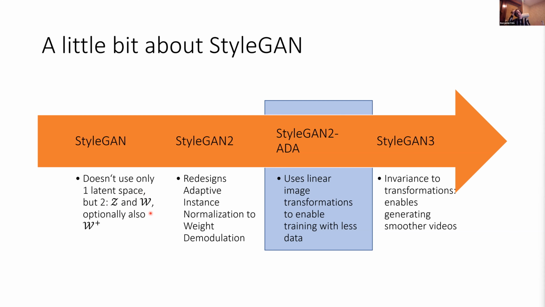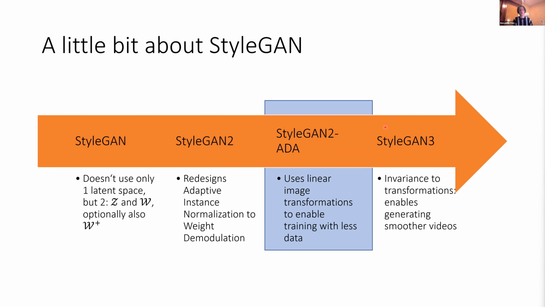And then StyleGAN 2 redesigned how these latent vectors are fed to the network. And this third step, I think, was fairly important because it enables you to augment images so that StyleGAN trains faster, and that's very useful when you don't have a lot of data.